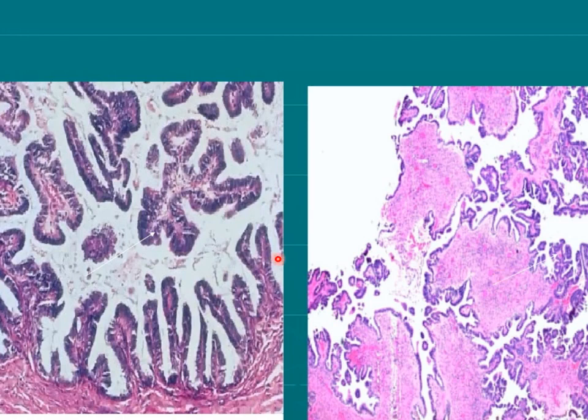You may find atypical change, that is, hyperchromatism, mitotic activity, atypical mitotic activity, and pleomorphism of the cells lining these cystic structures, and they show papillae, but they will never be infiltrative or invasive. So this is the borderline tumor.